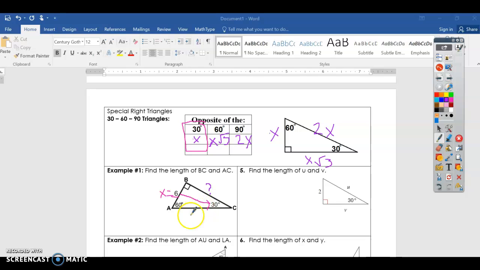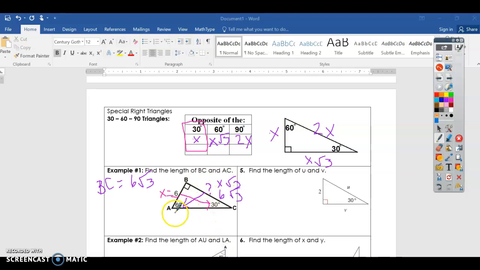This side is across from the 60-degree angle, so across from the 60-degree angle is x square root of 3. I know that x is 6, so this is 6 square root of 3. So BC is 6 square root of 3.